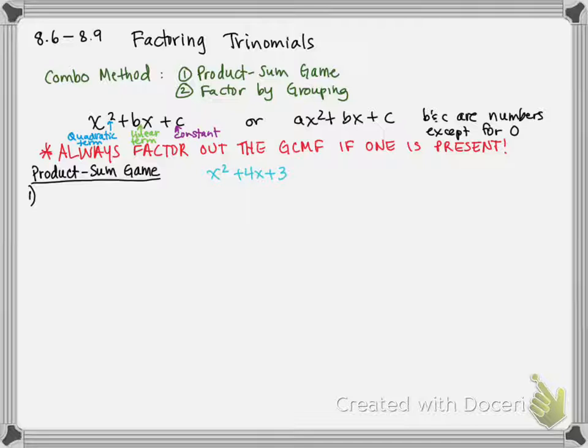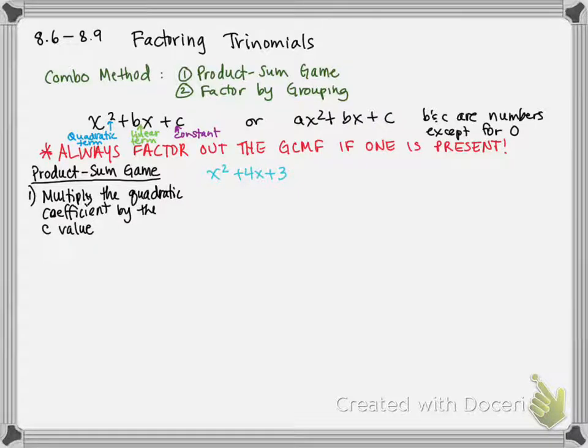So here we go. Step 1: we're going to multiply the quadratic coefficient by the C value. I'm going to call it the C value because it could be more than just a constant.